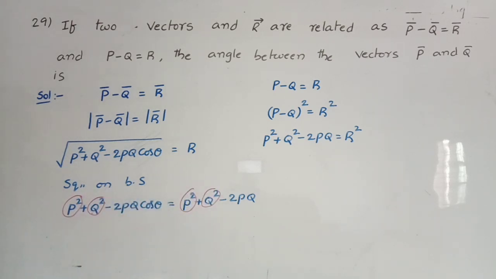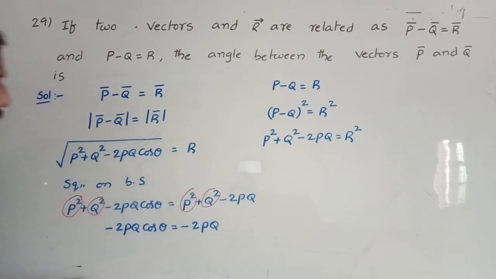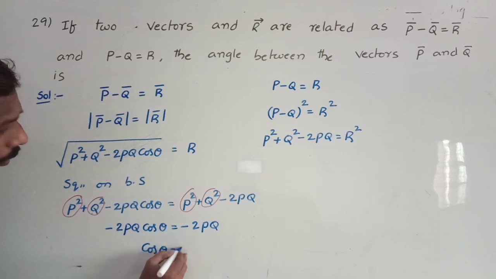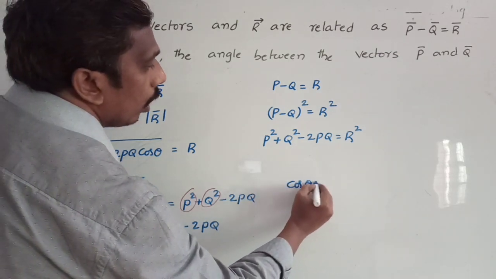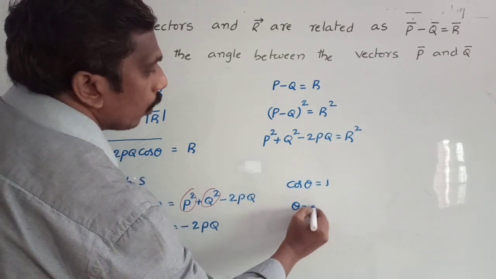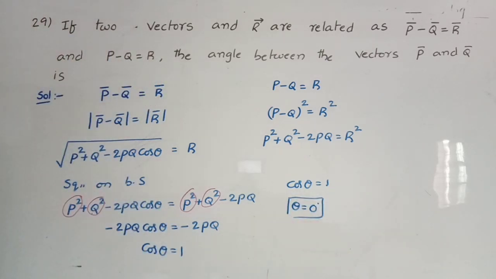Then we get minus 2pq cos theta is equal to minus 2pq. 2pq gets cancelled. Cos theta is equal to 1. Cos theta 1 means theta is equal to 0 degree. At 0 degree only, cos 0 degrees value is 1.